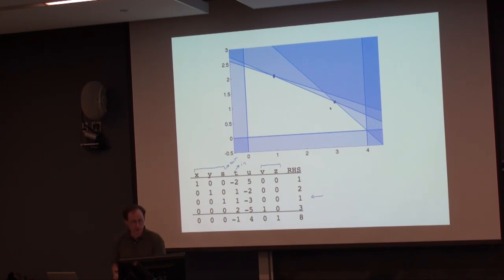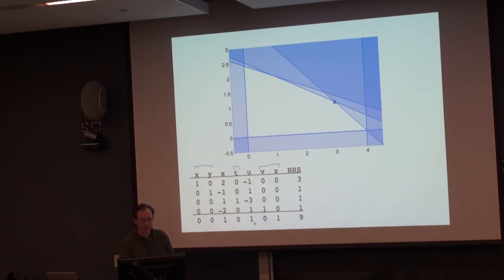If we now look at the resulting basis, right? So now our basis is x, y, t, v, and z, right? And we can read off here x and y are 3 and 1, right? So I just claimed on the previous slide that it put us here, but after putting the tableau in the form to illustrate that this is the basis, we can read off x and y, and we are in fact there.